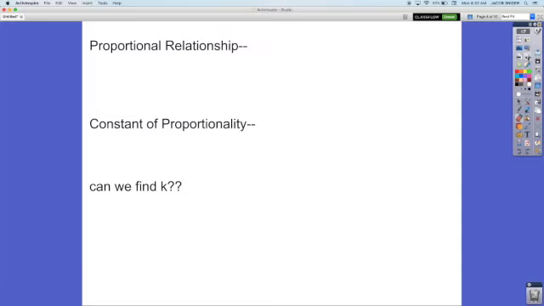Okay, so a proportional relationship. Copy this definition for me. A proportional relationship is a relationship between 2 quantities, 2 different measurements, where the ratio is constant.